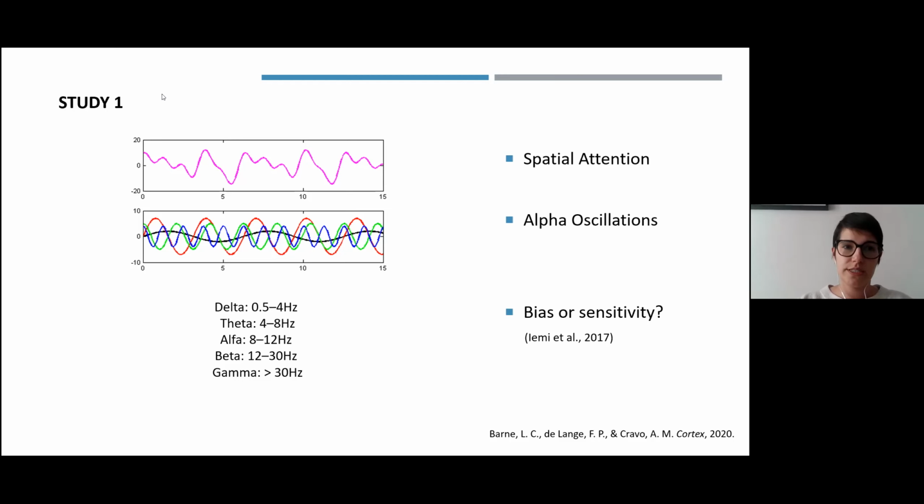And people were discussing that. So since we had this design, we tried to see whether this pre-stimulus alpha oscillations were modulating the stimulus representation a moment after it was presented.